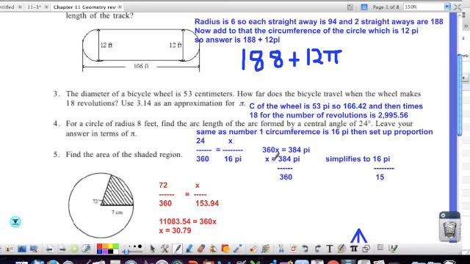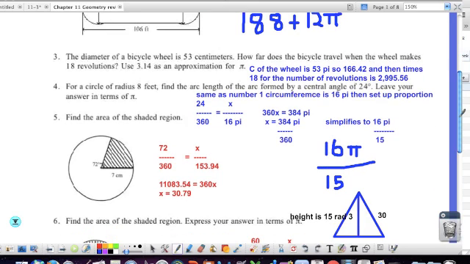So x equals 384 pi divided by 360. That simplifies to 16 pi over 15. Your answer would look like 16 pi divided by 15.